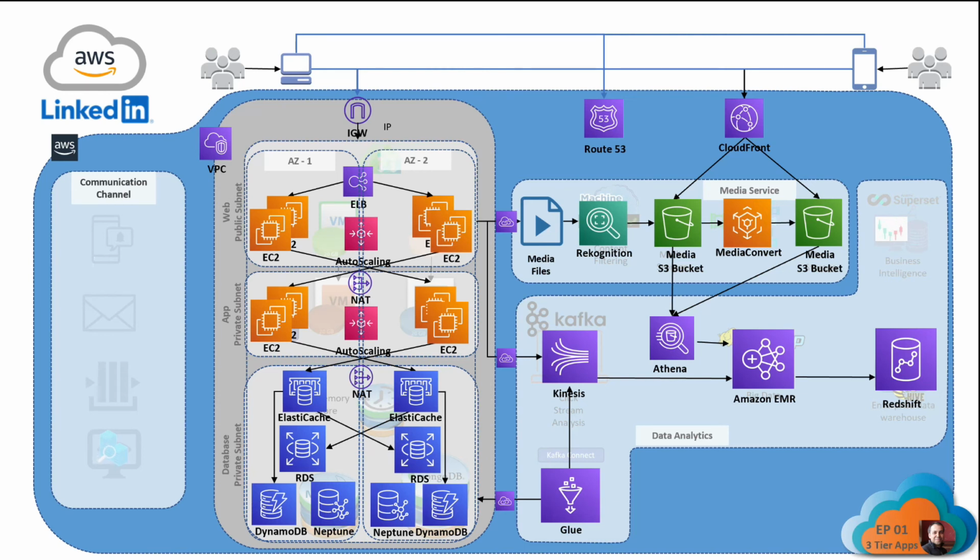With Redshift, you can query petabytes of structured and semi-structured data across your data warehouse, your operational databases, or your data lake just by using a standard SQL query. And for data visualization and bringing the data insights into our BI dashboard, we can use AWS QuickSight.